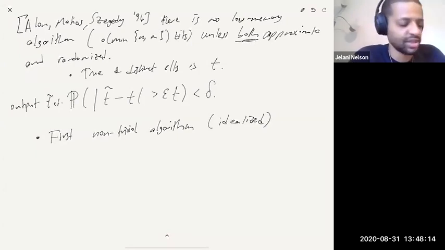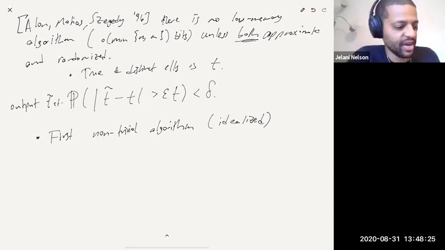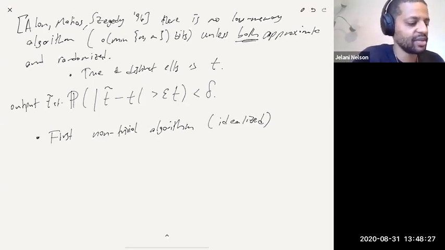But if you had a perfectly random hash function, then we can get a low memory algorithm. Of course, the question then is how do you store this perfectly random hash function? That's another matter, which we'll get to, how to remove that assumption. But if you make the assumption that you have a perfectly random hash function, which I call idealized, then it turns out you can have a low memory algorithm.